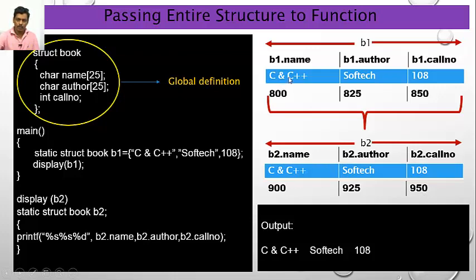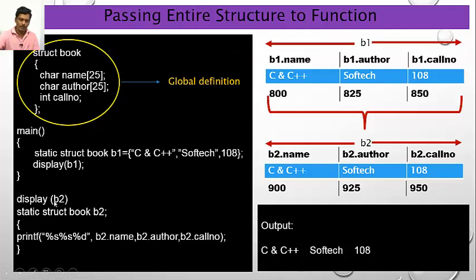So b1 is transferred to b2. It just copies all the element values to the formal argument. That is, b1 dot name is automatically transferred to b2 dot name, b1 dot author to b2 dot author, and b1 dot call number to b2 dot call number. So the value of b1 is transferred to b2.